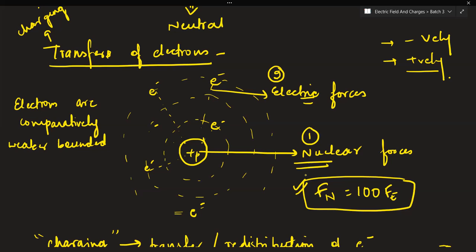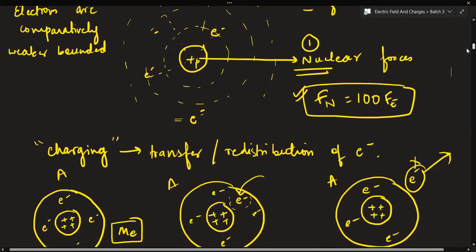It is not the transfer of protons that makes a body positively charged. The body that loses electrons becomes positively charged, meaning the deficiency or vacancy of electrons creates positive charge. And the gaining of electrons results in a negatively charged body. This is the basic mechanism of transfer of electrons.